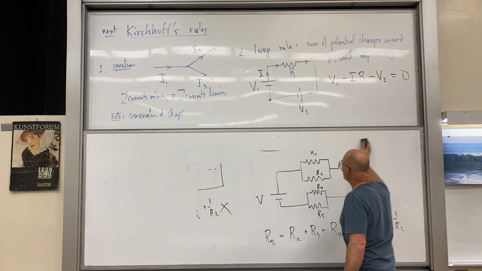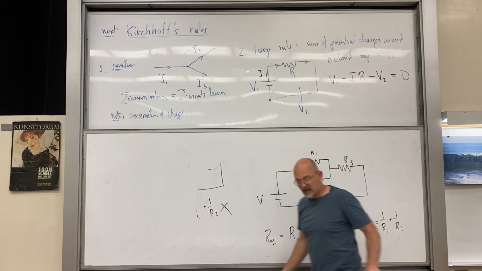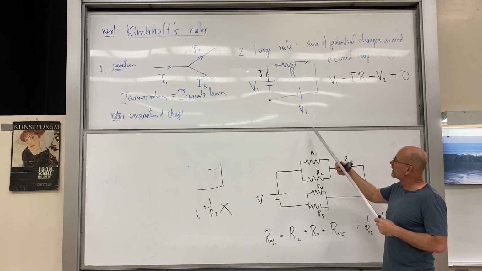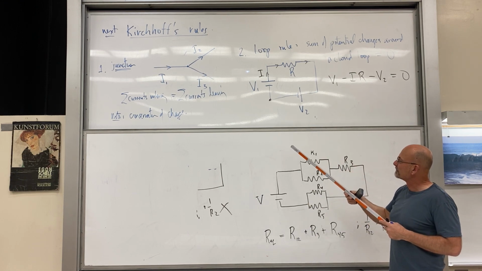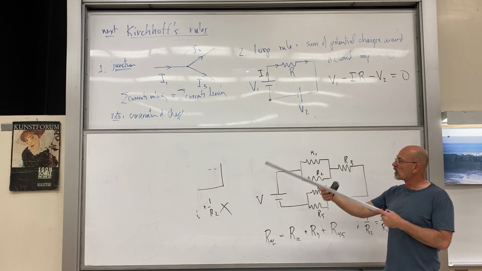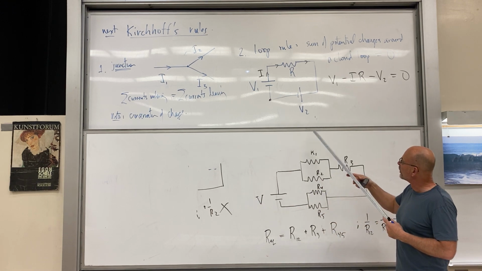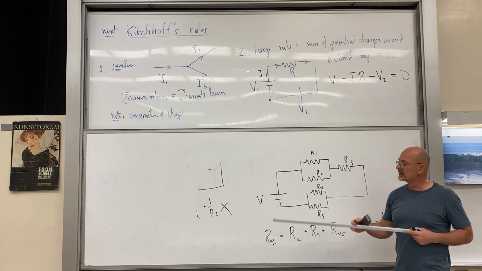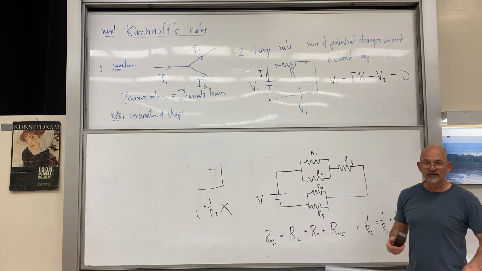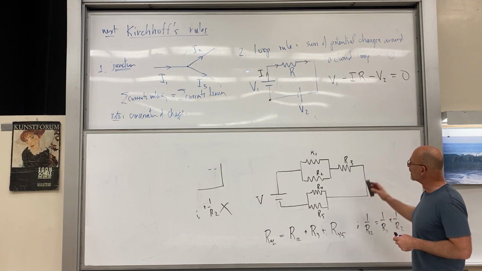So where these formulas become more necessary is when you have a complicated circuit where you can't just invoke Ohm's law trivially. Then you write out as many loop and junction rules as you have, and that generally gives you enough equations to solve for your unknowns.